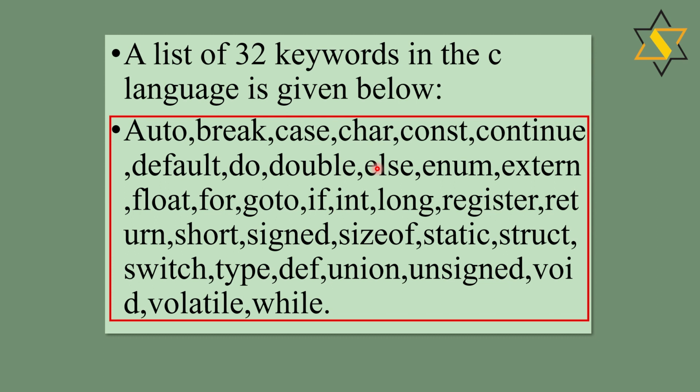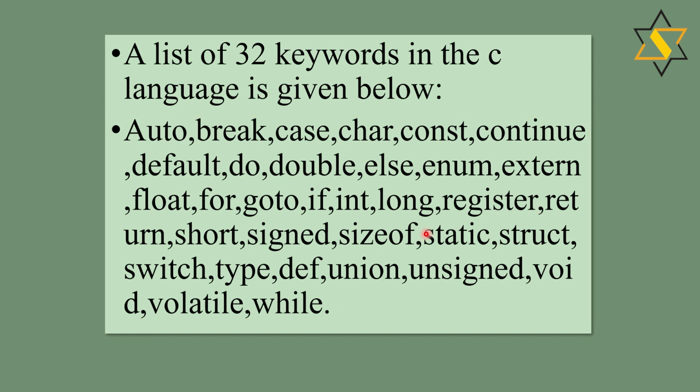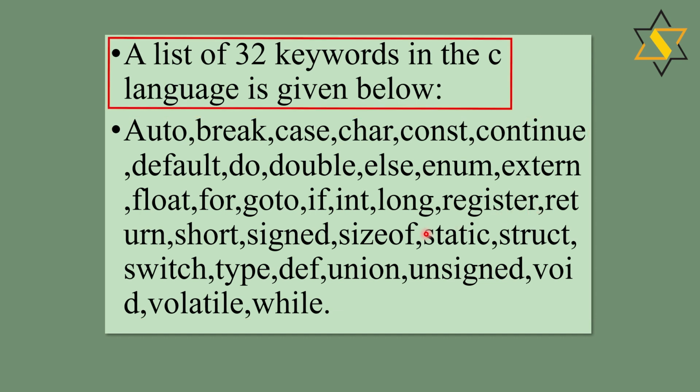In the same way, in the C language there are 32 keywords, and when we use them in our program, we never change their name. Like int should be int, register should be register. You can't change the name or add any alphabets to it.